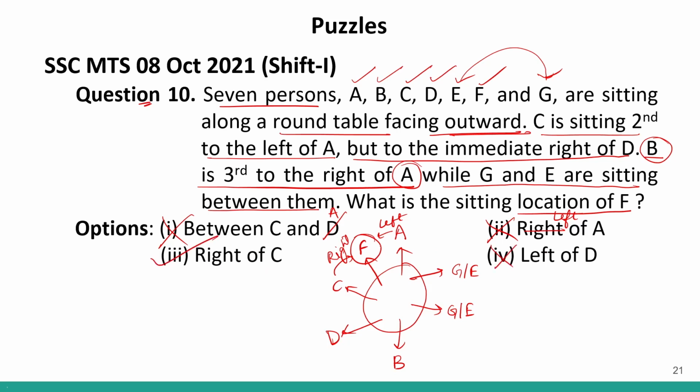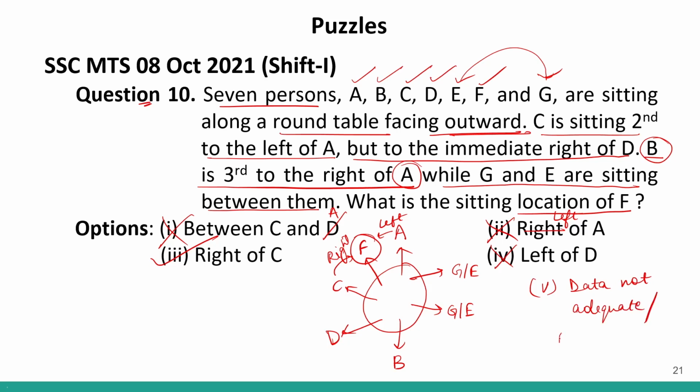That is right of C. It is to the immediate right of C. So F's location is fixed, which is to the right of C. If in the question we were asked what is the location of G or E, then we could not answer because it is uncertain. Then we would have a fifth option that would say data not adequate or data not sufficient.